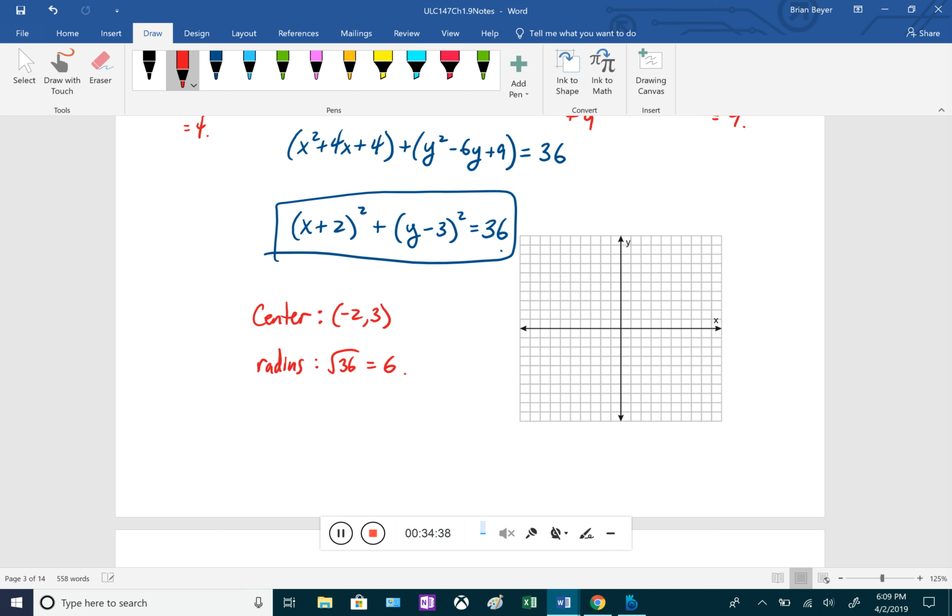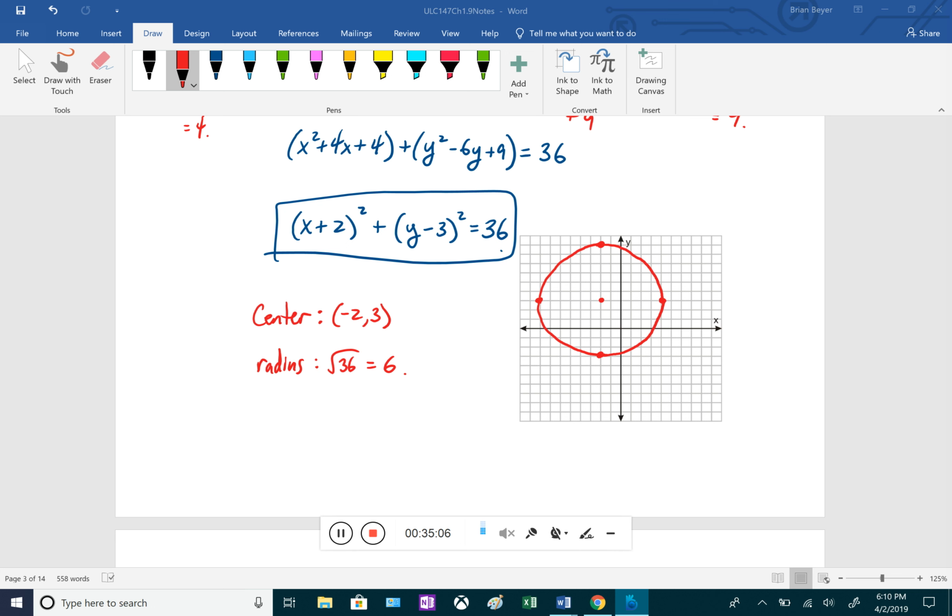So we go to the center, negative 2 comma 3, and then we go 6 to the right, 6 up, 6 to the left, and 6 down. Then we connect those with a smooth circular curve, and it should look something like that. So that circle is the graph of that equation.